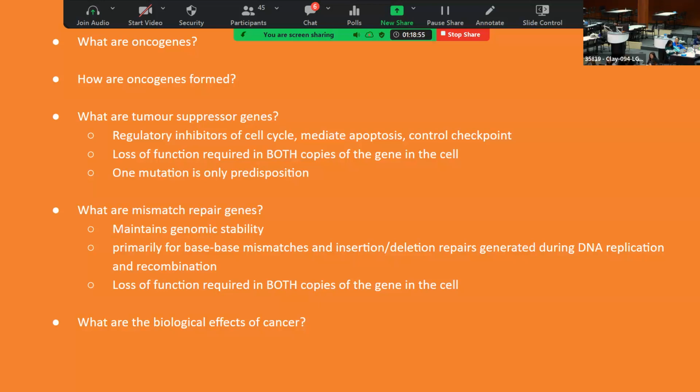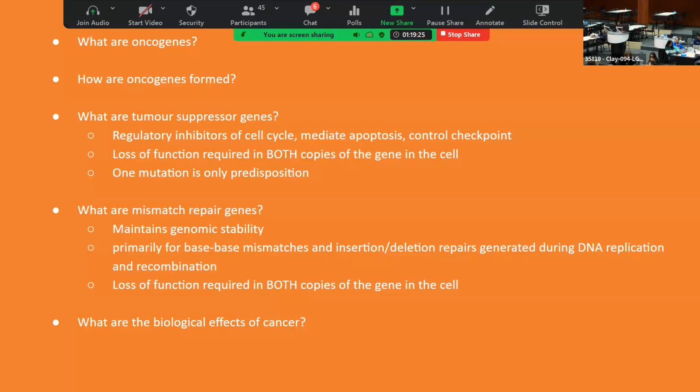And if we think about how oncogenes are formed, activating mutation in DNA coding sequences can form oncogenes. Gene amplification and chromosomal translocation can all form oncogenes. Now, important for oncogenes is that it only requires mutation of one of the cell's alleles. So if one of the cell's alleles is messed up, it can form these oncogenes already.